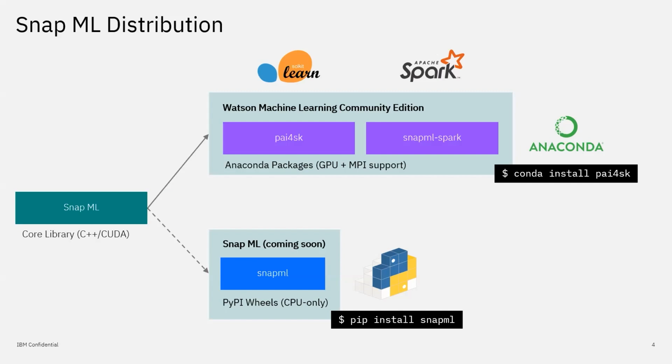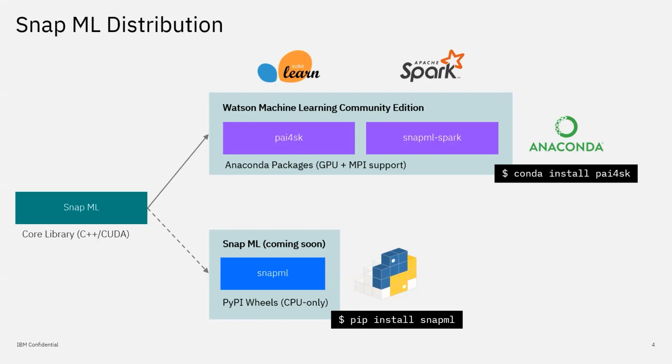This is a set of Anaconda packages with GPU as well as MPI support. There are 2 packages. One is called pai4sk, which is SnapML with a scikit-learn interface for single node use. And then there's SnapML Spark, which is the Apache Spark API for use in distributed environments.